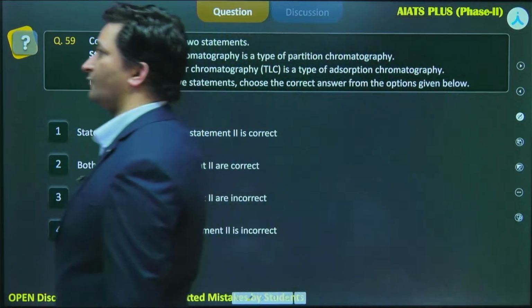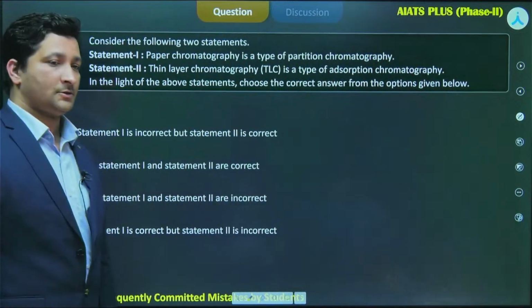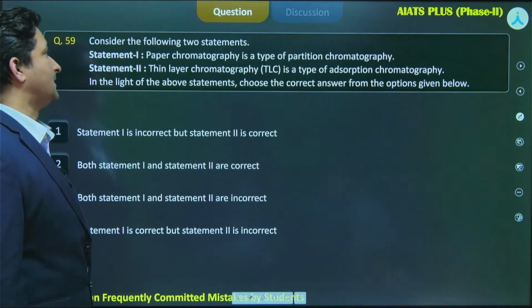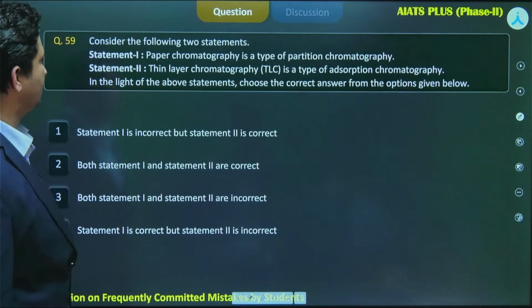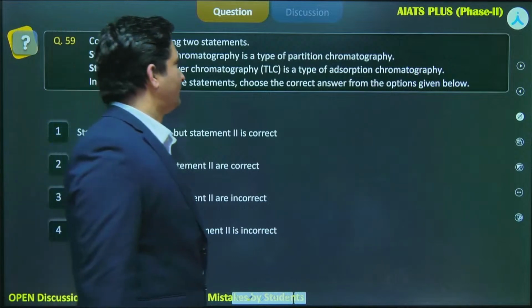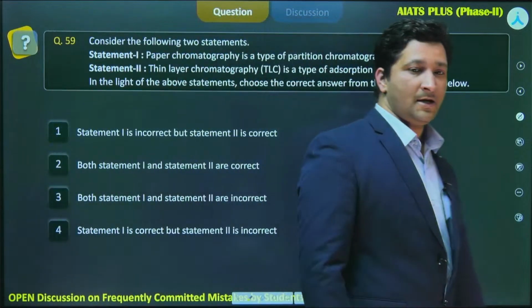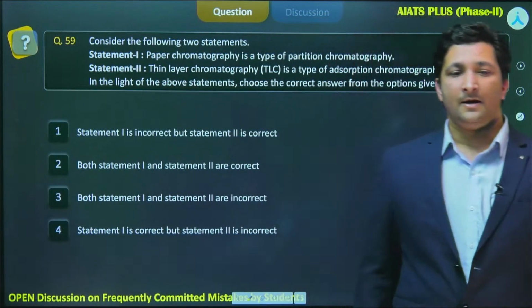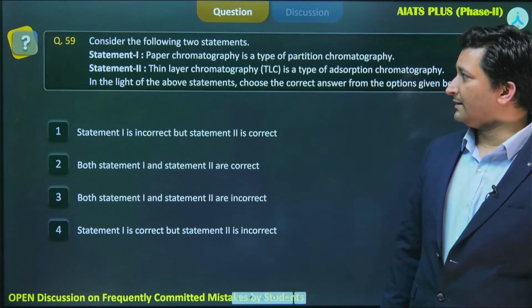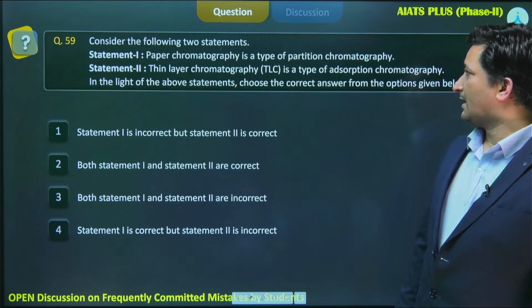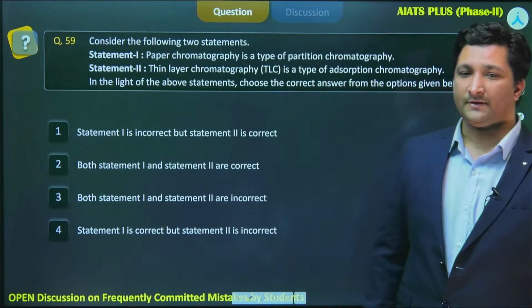Now this is the part of chromatography. Question number 59 says: consider the following two statements. Statement 1, paper chromatography is a type of partition chromatography. And statement 2 says that thin layer chromatography is a type of adsorption chromatography.